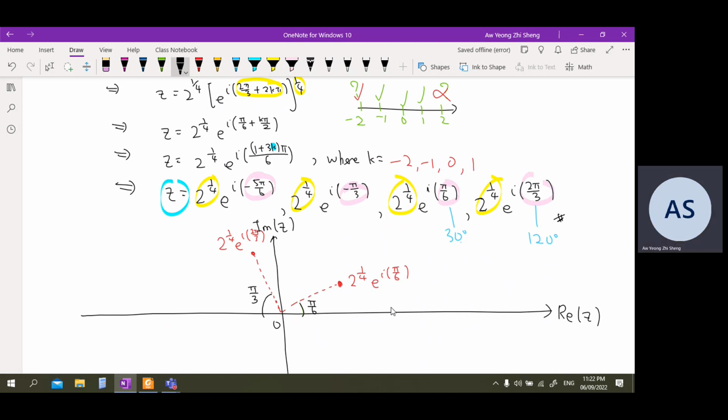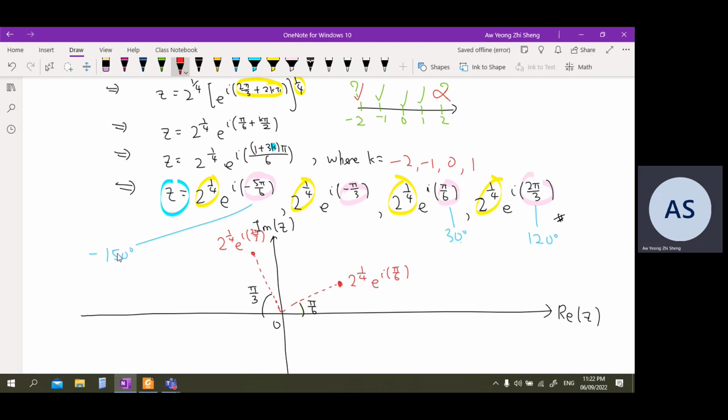Okay. Right, the third point that I will draw will be negative 5π/6. Okay, negative 5π/6 in degrees is actually negative 150 degrees. You just need to punch in π equals 180, then you can easily convert into degrees so that it's easier for you to gauge where the direction is.